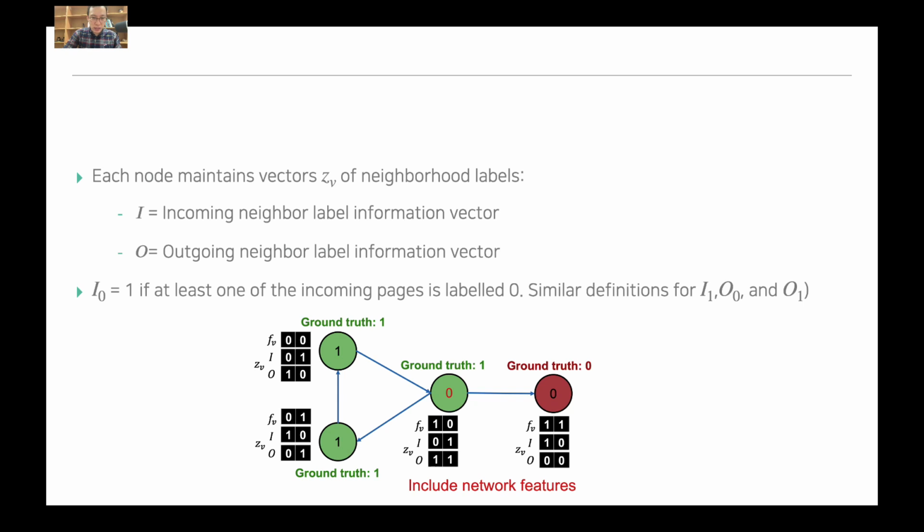O has 1, 0. So this is its incoming and outgoing vector, because it has an incoming neighbor from the left bottom one, so it has a green one.